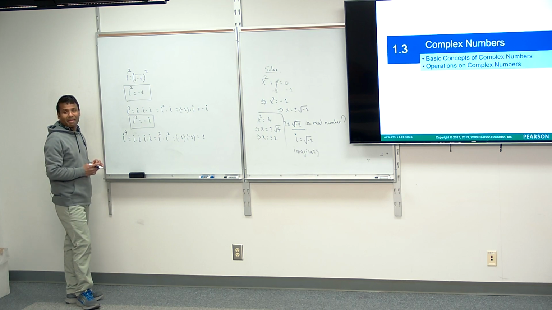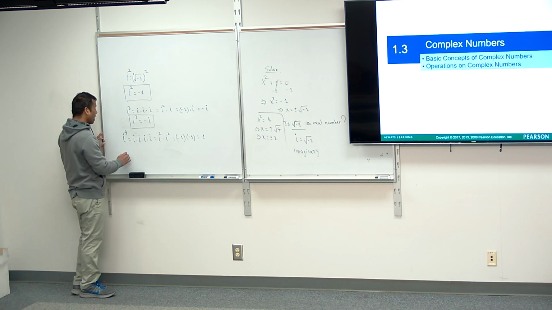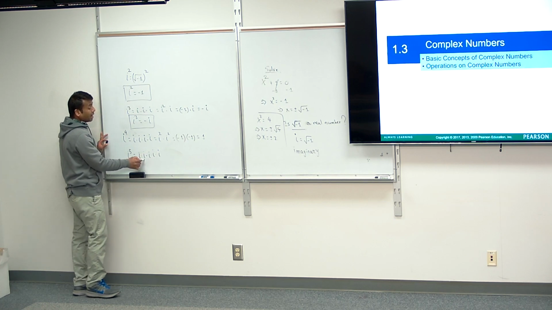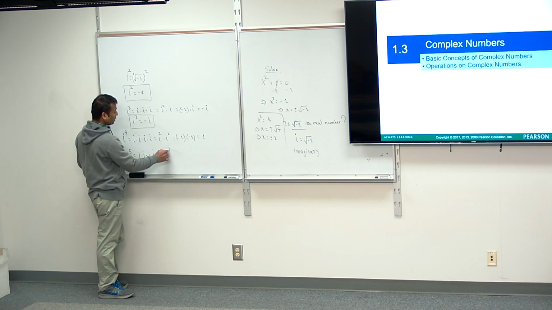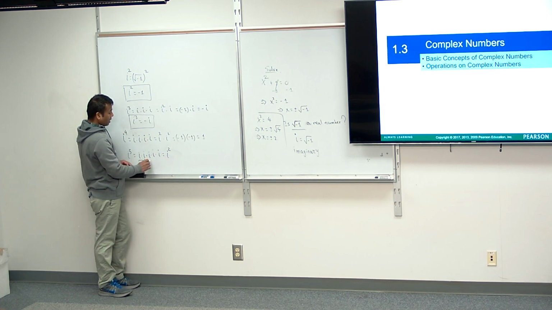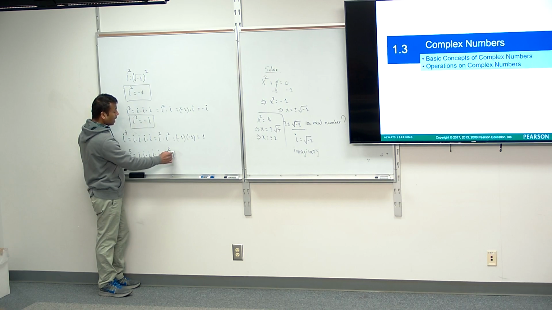So if you want to find i to the power 5, you can write this as i times i times i times i times i. So i times i is i squared, and this i times i is i squared, and you have i.